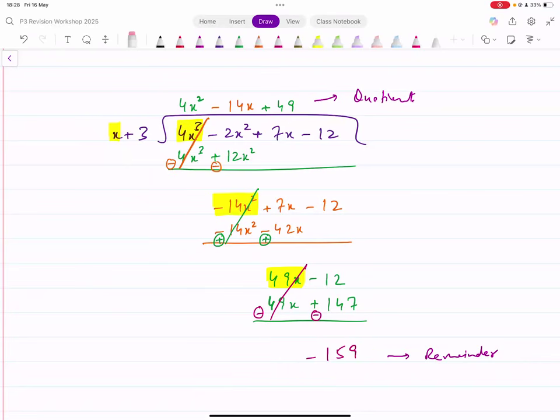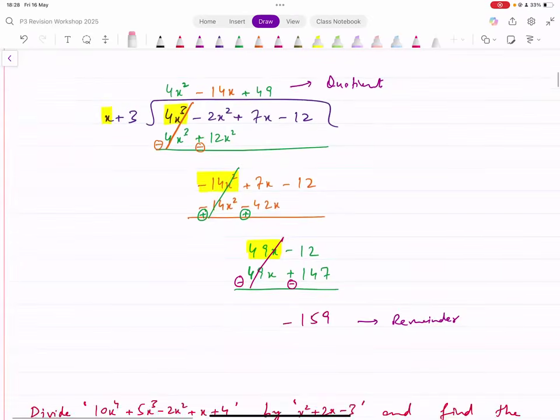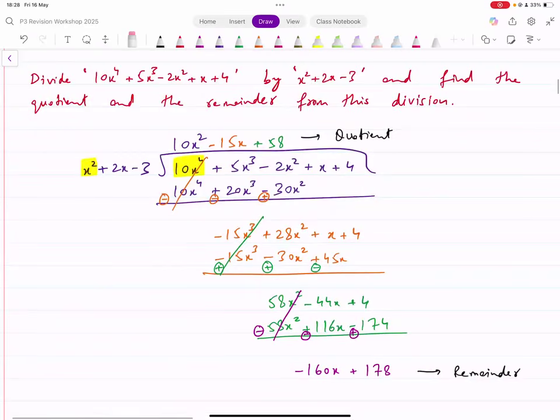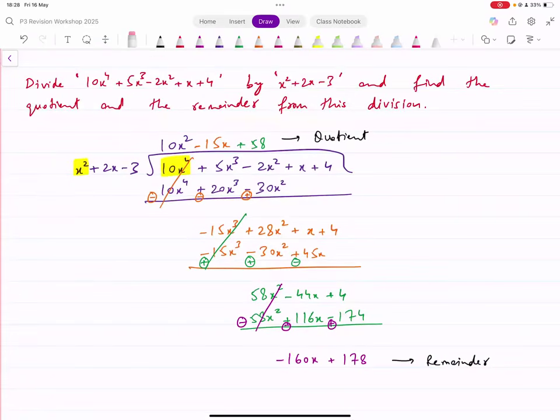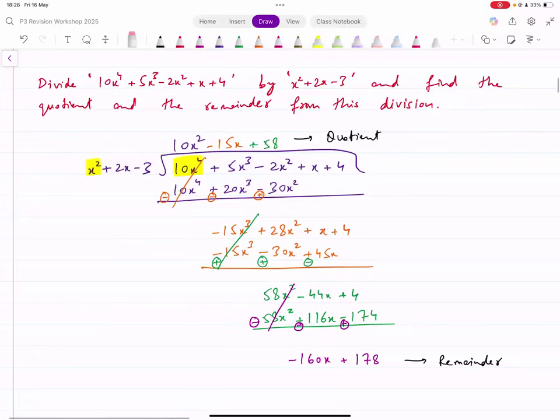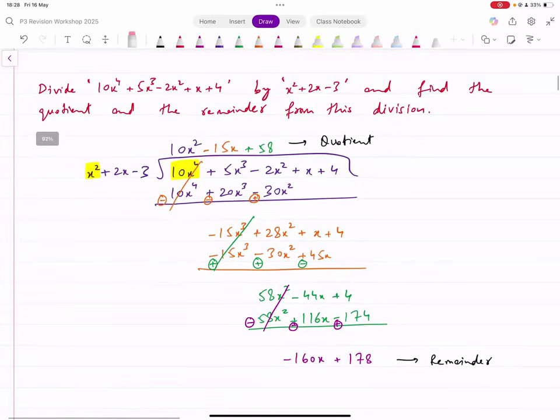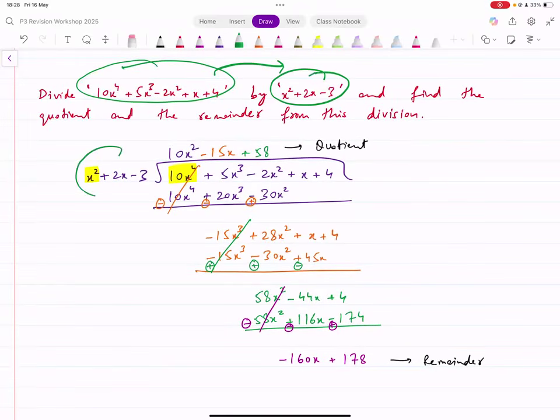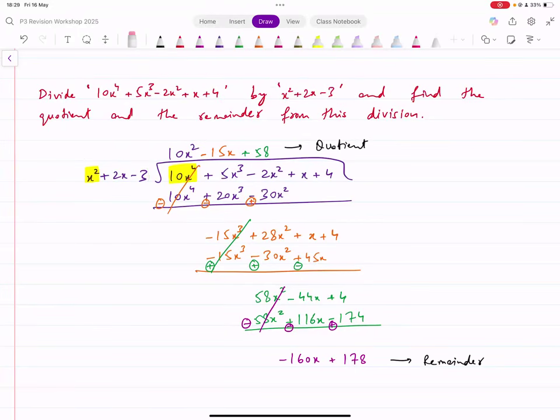Now, sometimes you end up getting something slightly more complicated when you have some terms missing in one of the dividend or the divisor. In this case, there's nothing missing. You can have a look at this example in your own time. You can have power 4 polynomials as well, which you might have to divide by a quadratic polynomial. So the divisor could be some bigger power like this as well. It could be quadratic. The process remains the same.